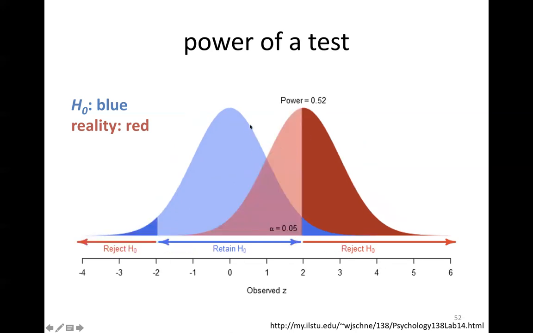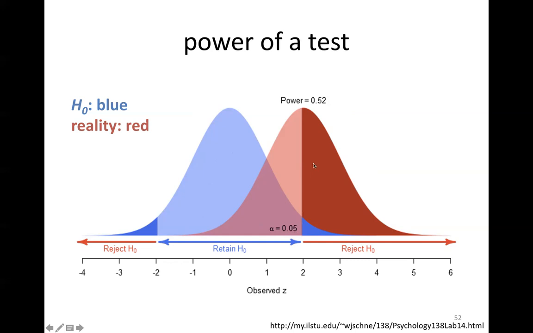But in the case where the difference between the null hypothesis and the reality is smaller, then our power will be less, and we might be frequently failing to reject a false null hypothesis. Here, with 48% of the time, we would be failing to reject a false null hypothesis.